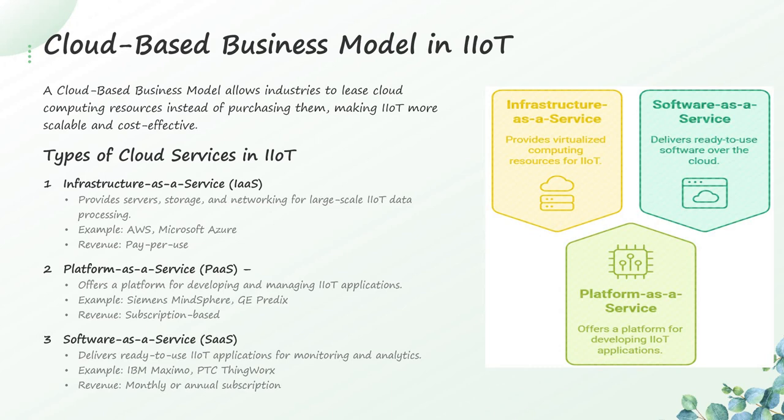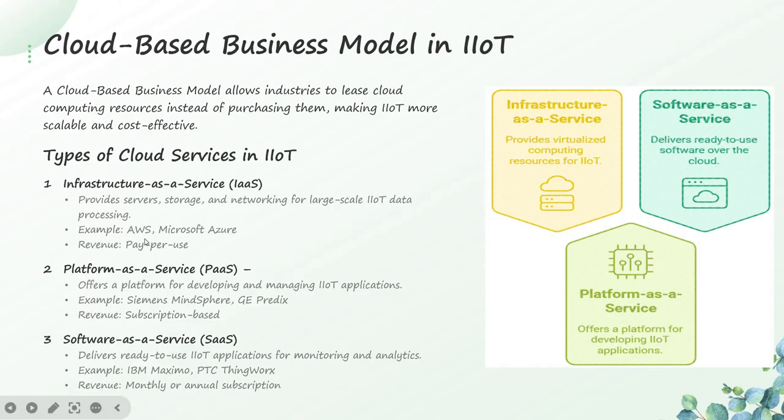The types of cloud services in industrial IoT are: the first is infrastructure as a service. This provides virtualized computing resources like servers, storage, and networking. Industries use this for storing and processing large-scale IoT data without investing in physical infrastructure.